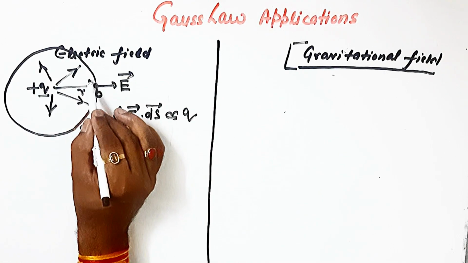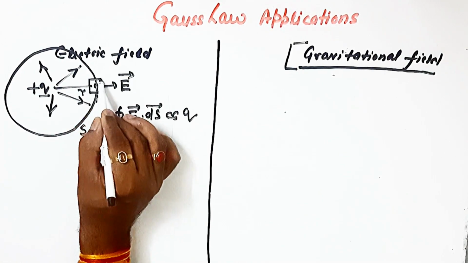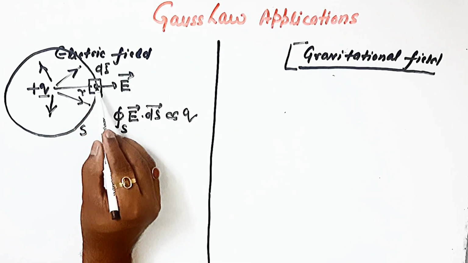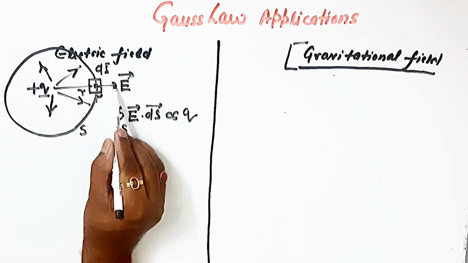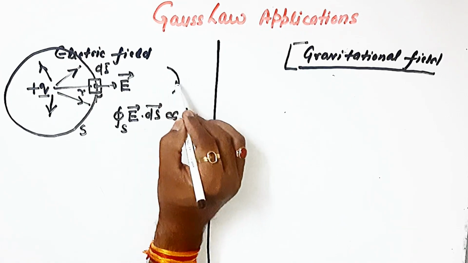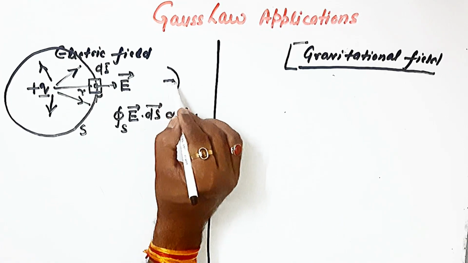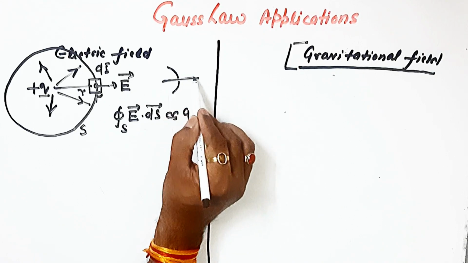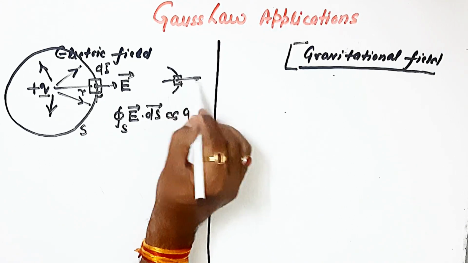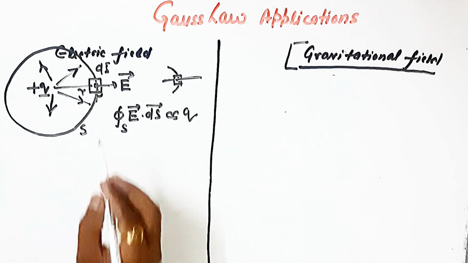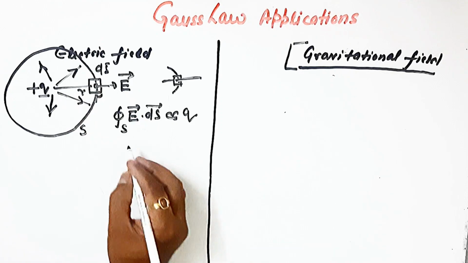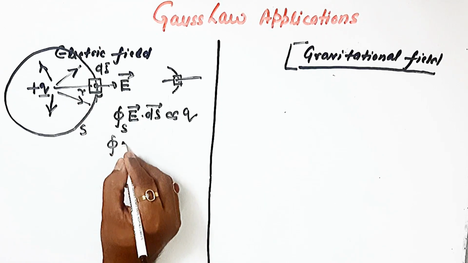Now here if you take the surface element, that is dS, correct? So the dS vector will also be parallel to E. Why? Because it's a spherical symmetry. The electric field lines will be radial and the surface element is also radial, hence both are parallel for this elemental area.